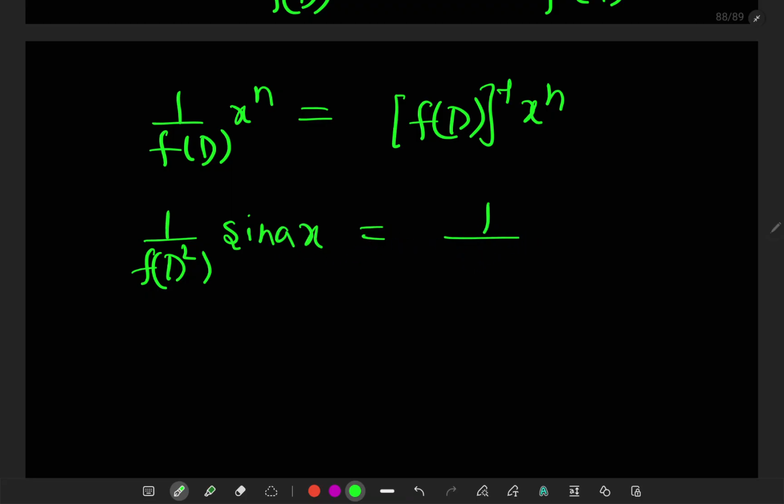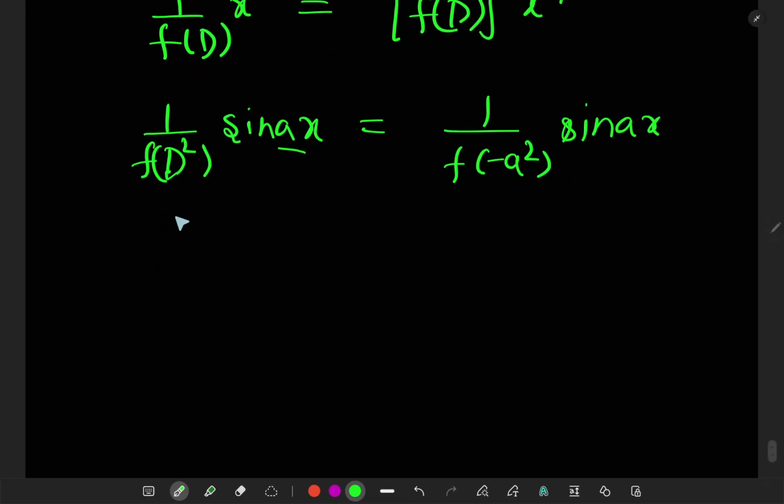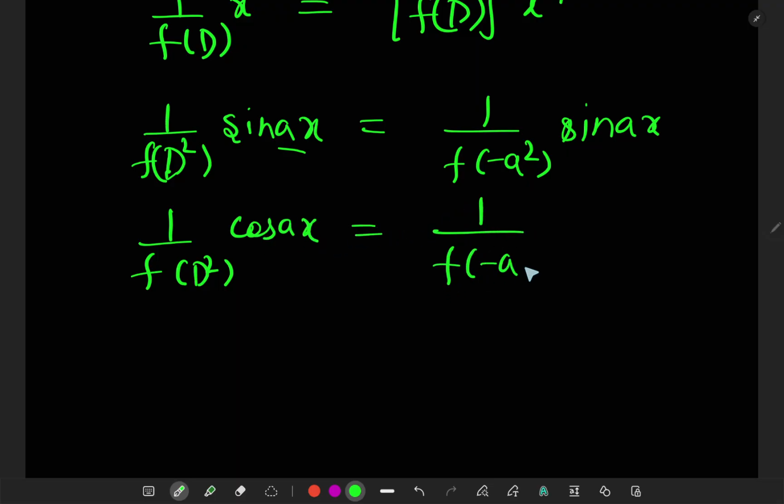So we can write here for the value of d squared, we put this value as minus a square sin ax, or similarly for cos term, cos ax.